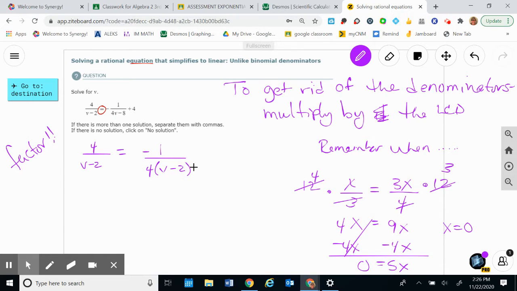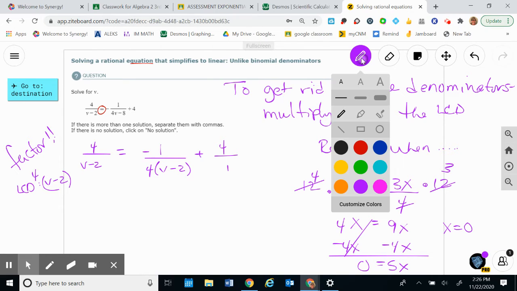We get v minus 2 plus 4 over 1. Look, there is nothing here. So the LCD is v minus 2, because that's contained here, times 4, 4 times v minus 2. This one is 1. 1 is contained in all of these.